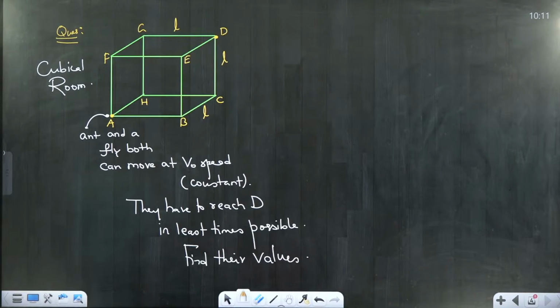So can we have an answer from anyone? If you have tried, yes, root 3 L by V naught. Nishant, can you tell us which time you have mentioned over here? Is it the time taken by the ant or the fly? Others also try to answer, then we will see the solution to this.